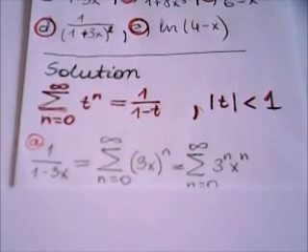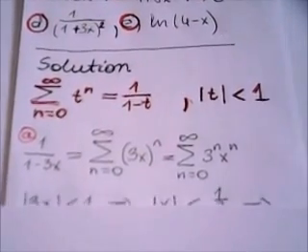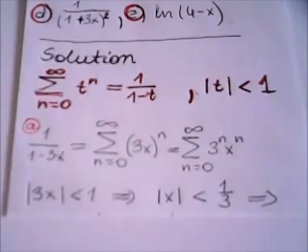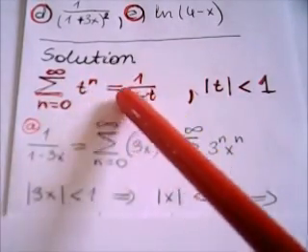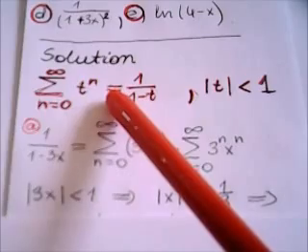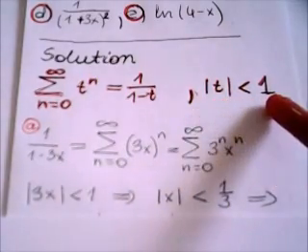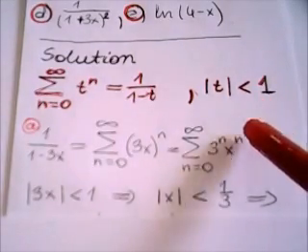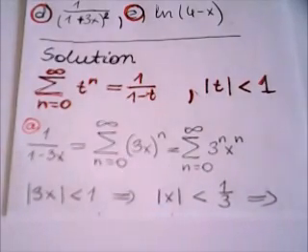Now we find the interval of convergence. We know this equation is true when absolute value of t is less than 1. In our example, it is similar.